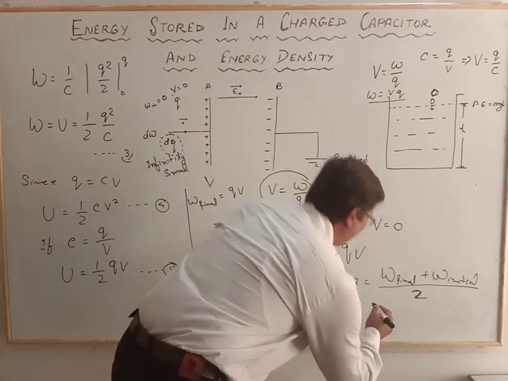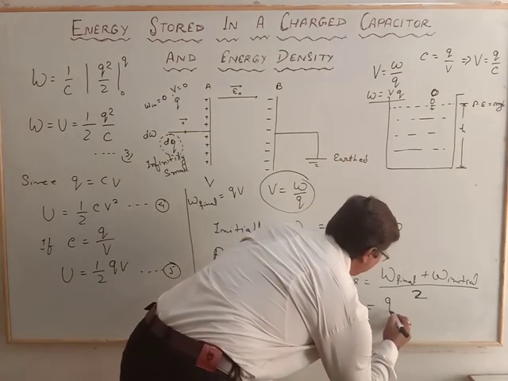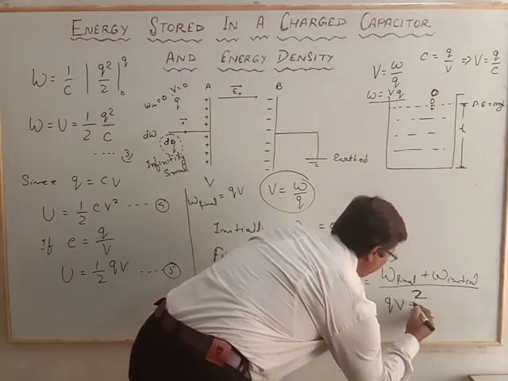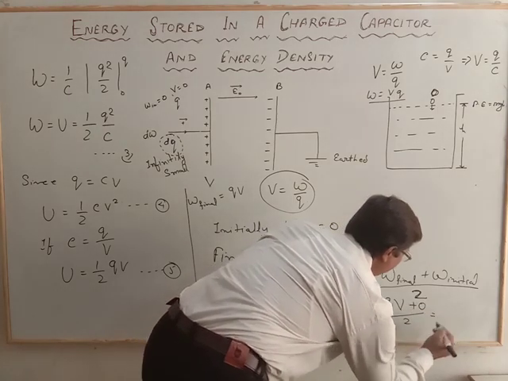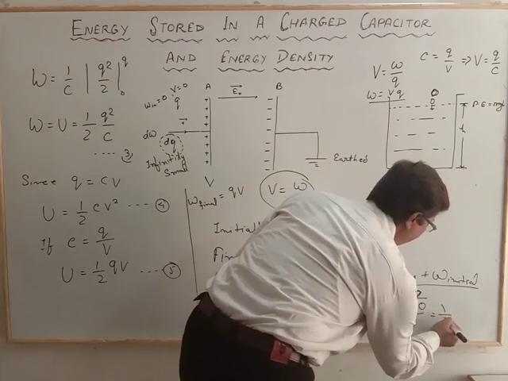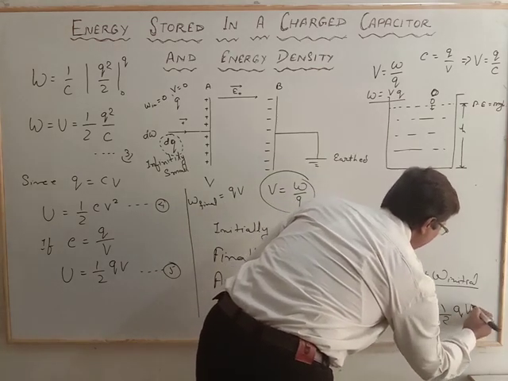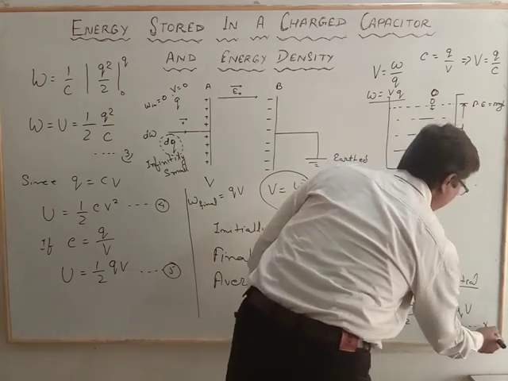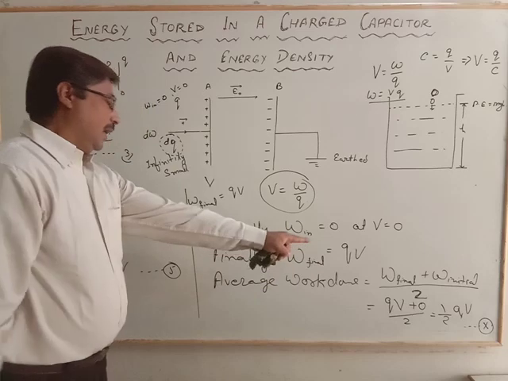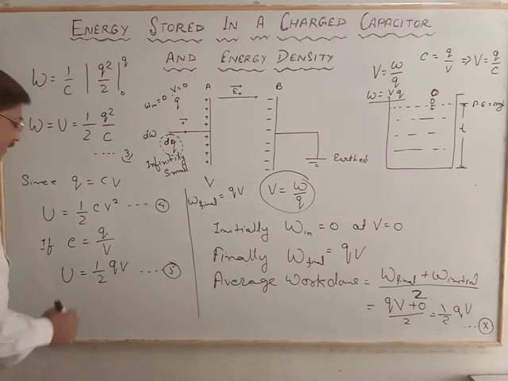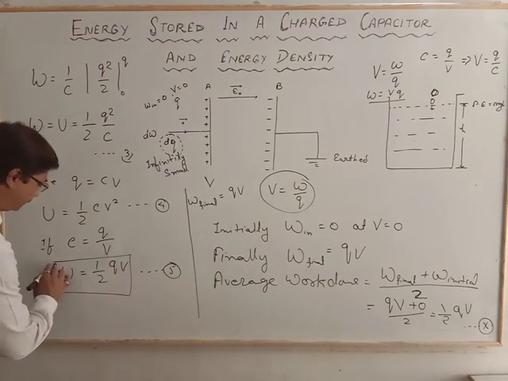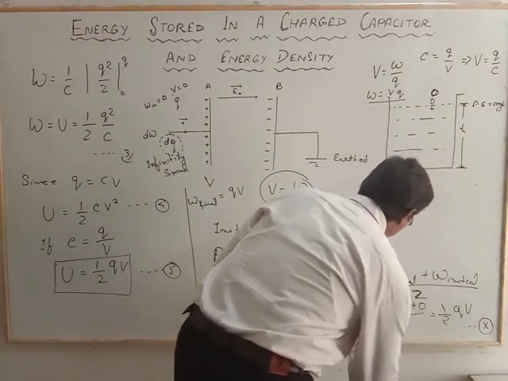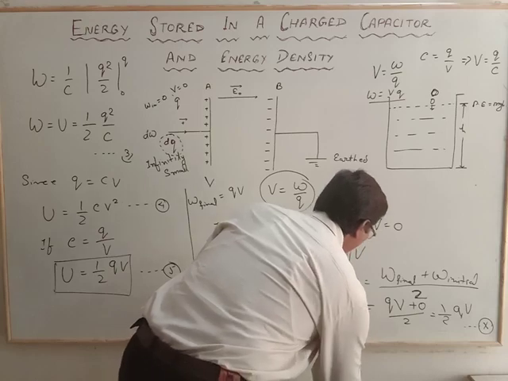So we have final QV plus 0 divided by 2, that is equal to half QV. And see the equation here, you will find that half QV is here. This is the relation that we come to know, and that work is done in the form of potential energy.